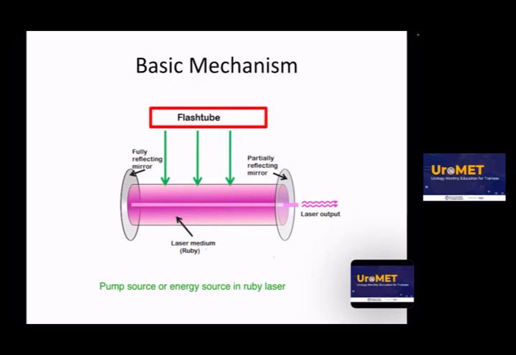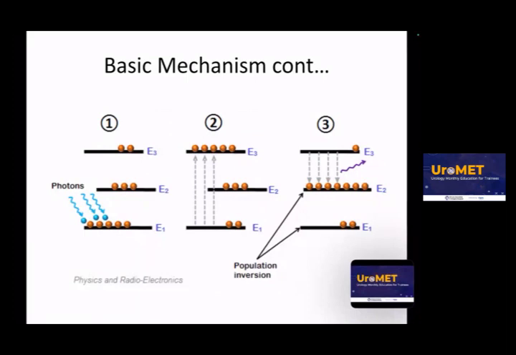With the external energy source, initially the orbital electrons get the energy, they go to the higher orbital, and again they go back to the lower orbital, and it emits some energy. It forms this laser energy.